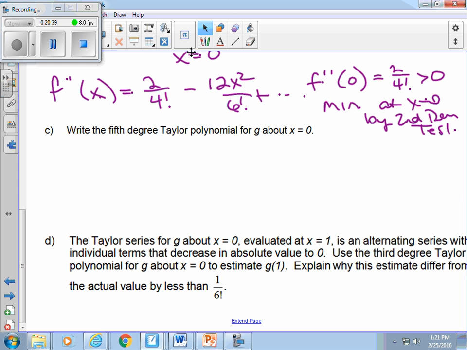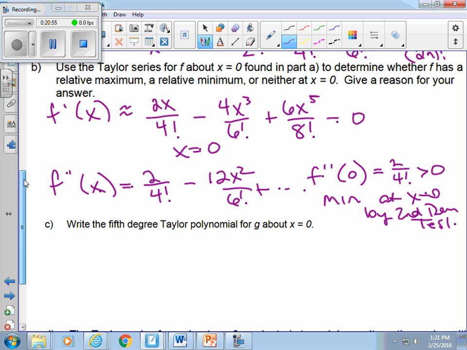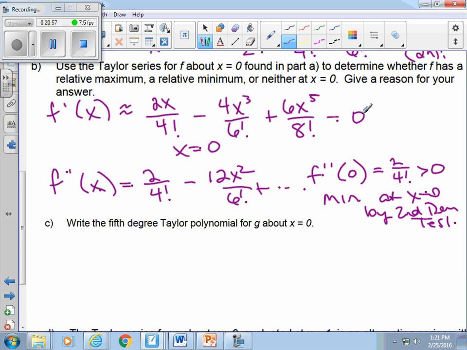Fifth degree Taylor polynomial for g at x equals 0. Before I go on, any questions about the second derivative test? It's been a while since we did that. Okay, so on the first derivative, I set it equal to 0. And since it all had x's in it, that will equal 0 when x is 0.